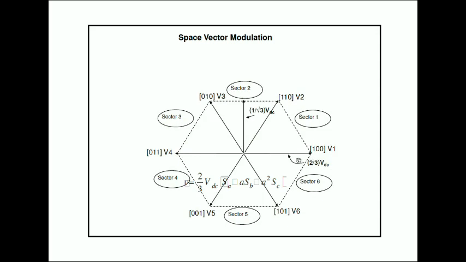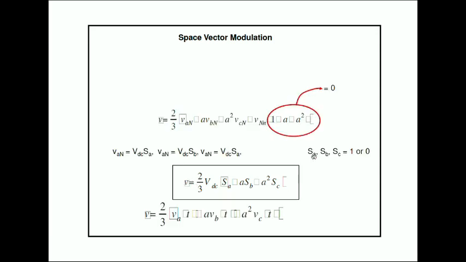So we can represent this vector as V1. V1 you will take as 100 into 2 by 3 VDC. That means the magnitude is 2 by 3 VDC and the angle is 0 since it is 1 into SA. All others are 0.